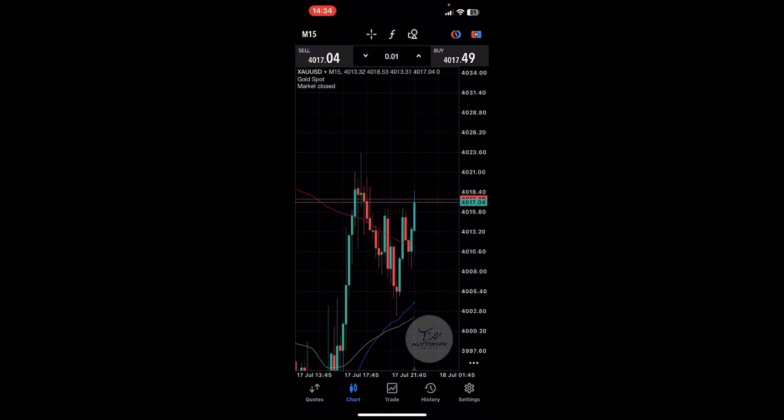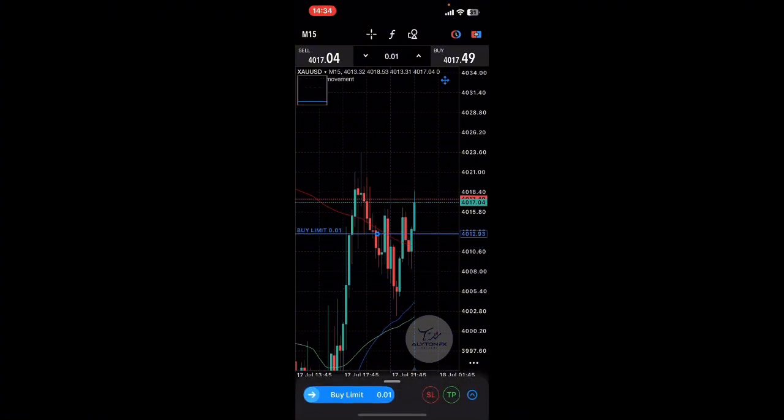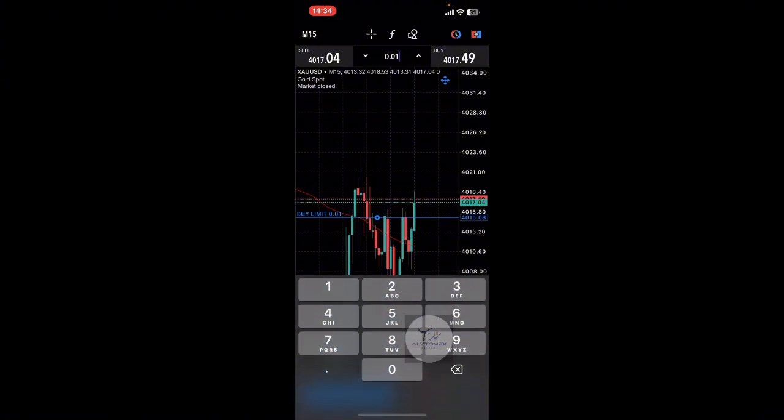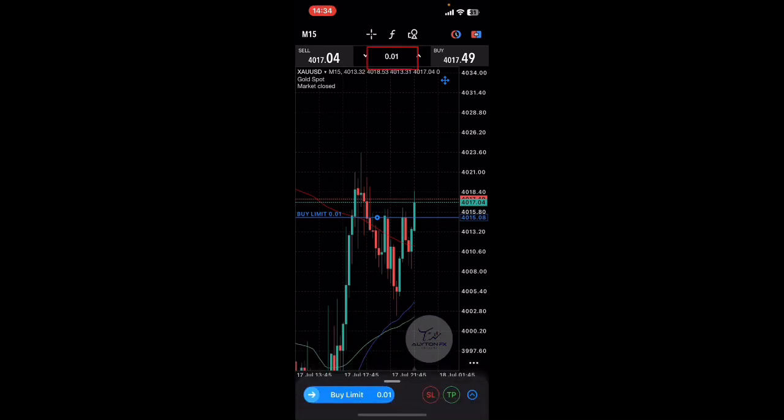For example, let's say we want to place a buy limit order at 4015, and our lot size is 0.01. We want to set our take profit at 4025.